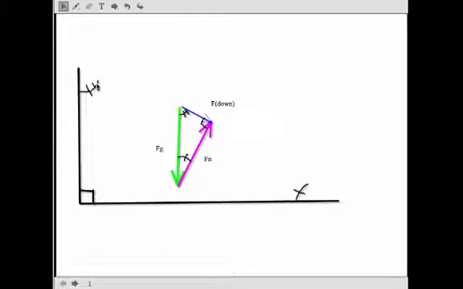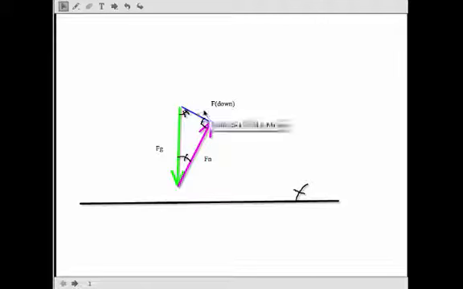I can just delete my ramp if I want. Maybe I'll keep this angle right here to remind us that this is our angle theta. And let's get rid of this one. And if we look at this triangle, this is a right triangle.